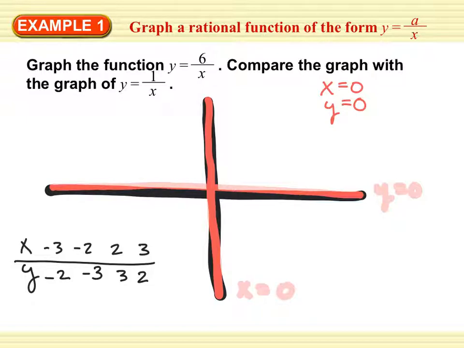Okay, let's try this again. Over 1, 2, 3, and up 1, 2. There we go. And that's actually going to reflect over here. So if I go over 1, 2, and down 1, 2, 3.